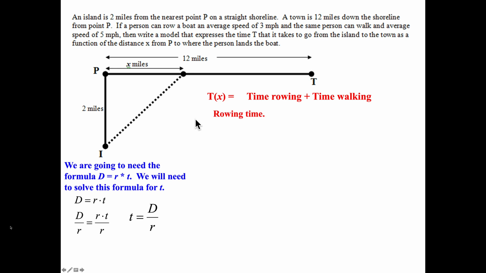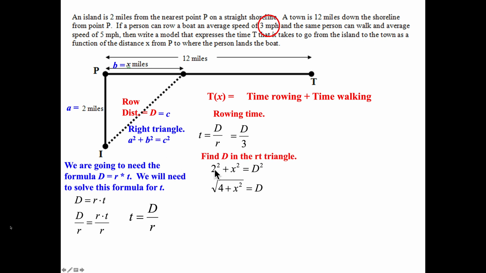So let's attack the rowing time. We have a right triangle here. I know that the rate of rowing is 3 miles per hour, so we can put that in. We have to find the distance of this hypotenuse of this right triangle, so I'm going to use the Pythagorean Theorem. x squared plus 2 squared is going to equal capital D squared.